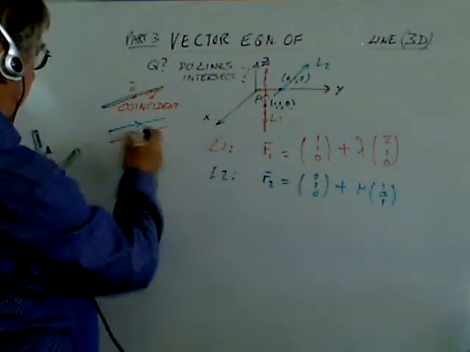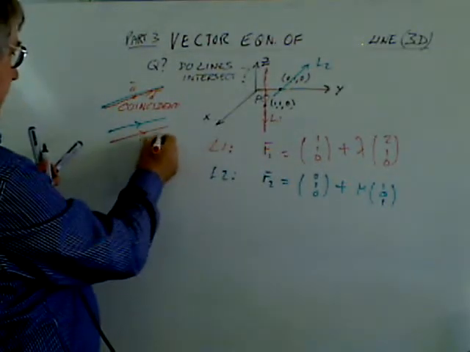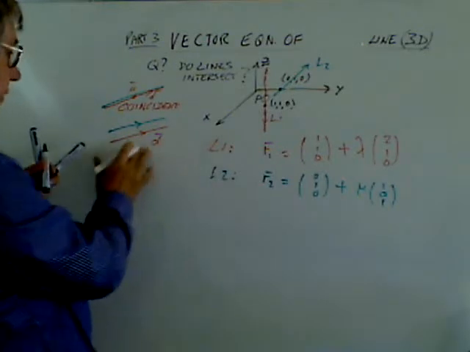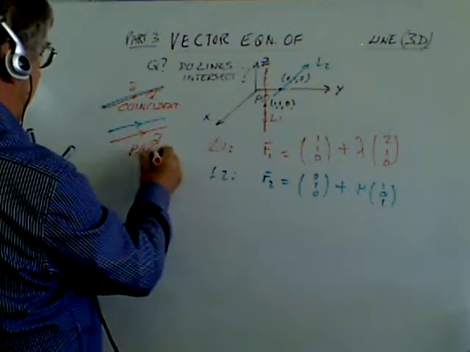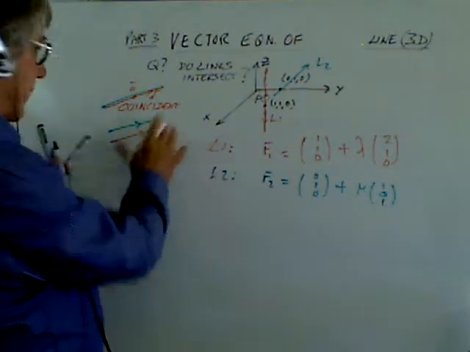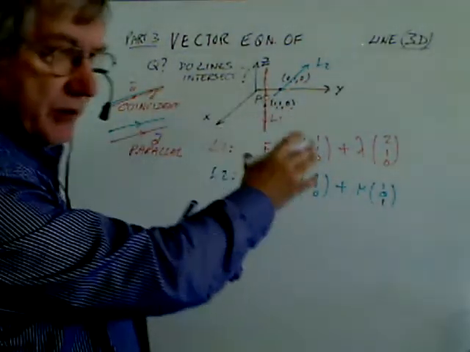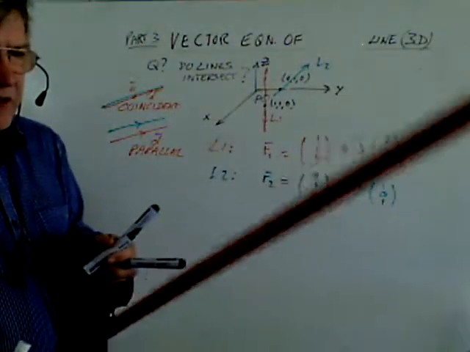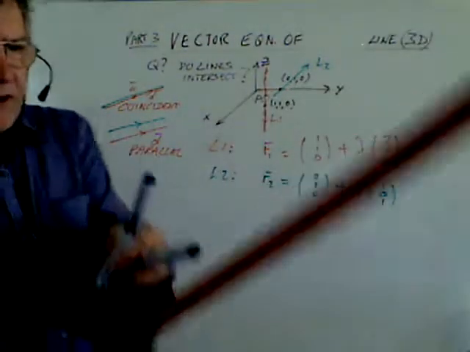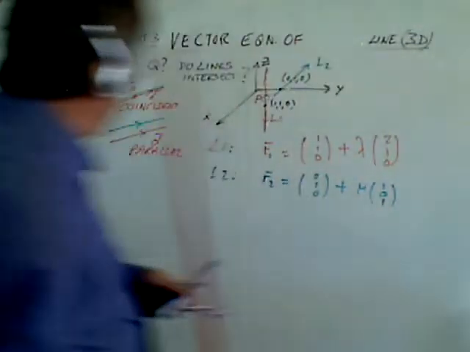They have the same direction. Okay, so they have the same D, but they're not the same straight lines. So that's parallel. Of course, I'm drawing this on the board, but these actually live in three-dimensional space like that. It's easier to show it on the board, I think.